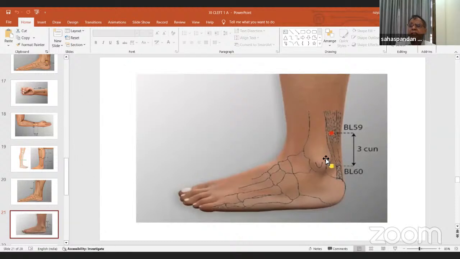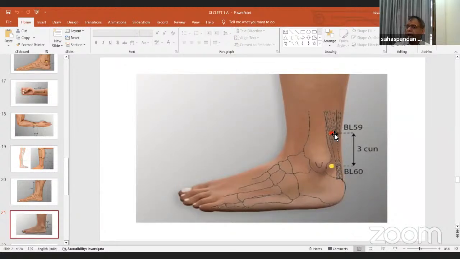Bladder 59. This is for the Yang motility vessel, but has few relevant indications. Only sciatica pain, it is very useful.